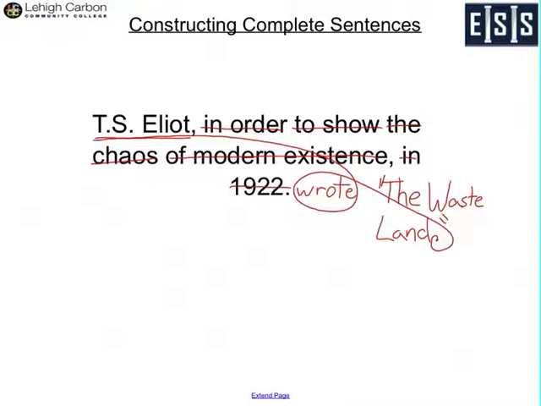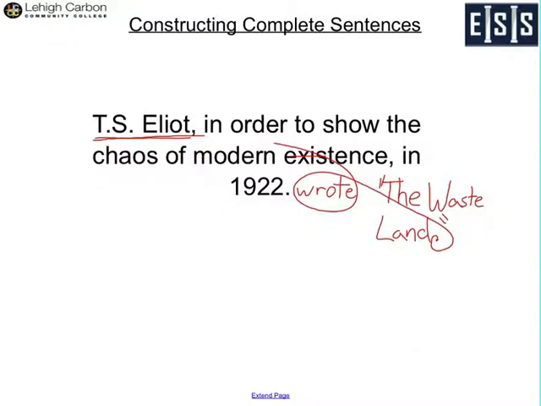Now that we have all the important essential parts of the sentence, we can go back into what we took out as non-essential and put it back in. So we didn't remove it permanently, we just read the sentence without it to help us clarify what was missing and what we needed to add back in.